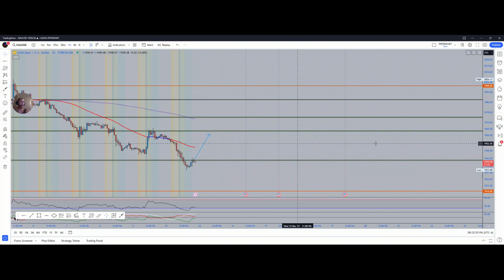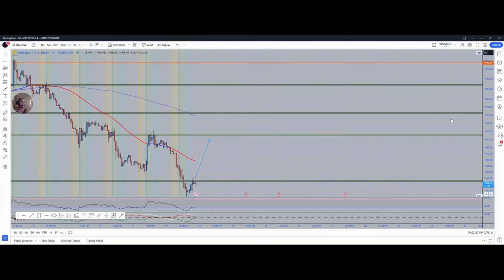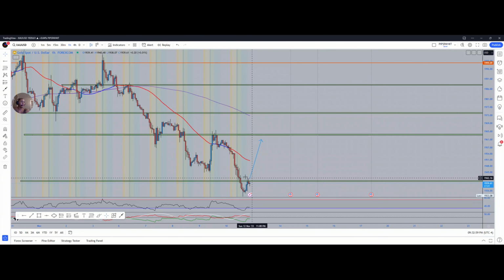So I can see a clean buy if price breaks up here. If it breaks up, it could probably stall around here because there's a little support. Price may go down to retest this area to keep on moving up.